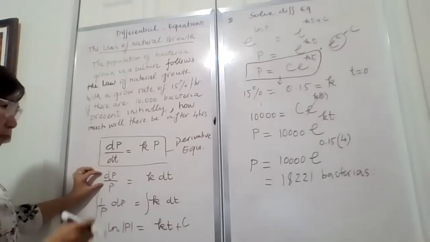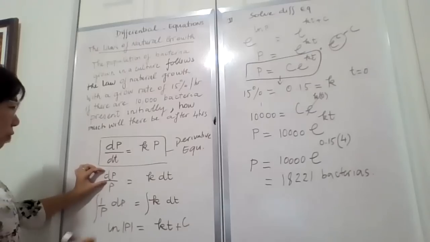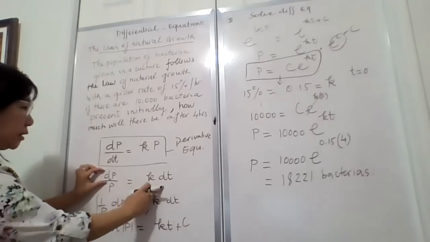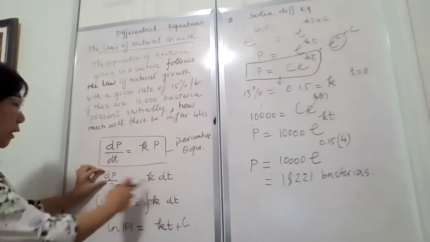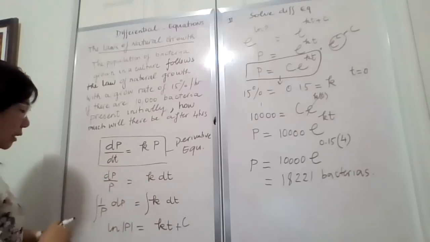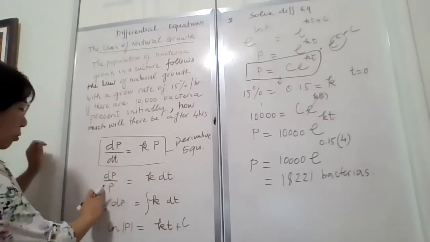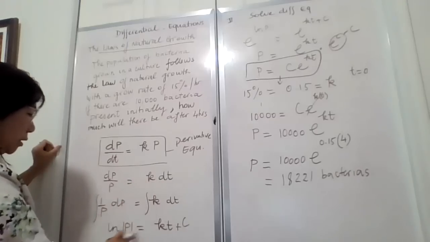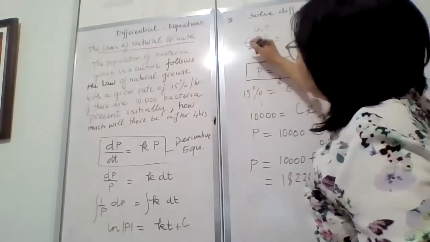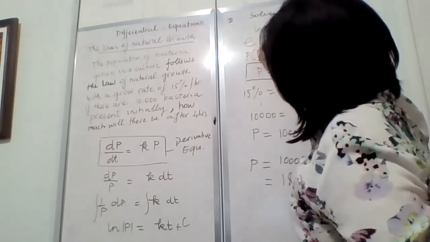So follow the steps I just showed you before. We separate the P to one side and the t to the other side, right? Instead of y and x, now we use P and t, but the idea is exactly the same. So we solve the differential equation to come up with the function. And actually, this should be P in terms of t, right?